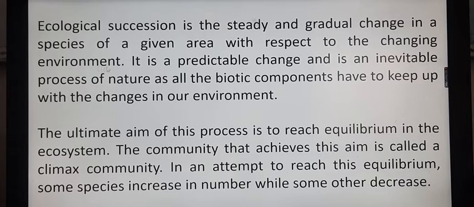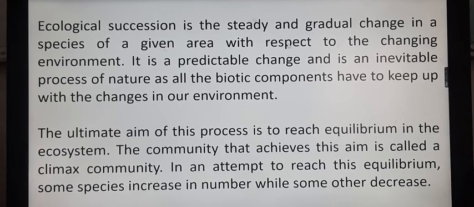Suppose one species started living in a particular habitat, it is going to change the environmental conditions of that habitat. Then these conditions will become so changed that another species will also survive there, and those species will dominate the species already present there. So this will change the environment and the species.